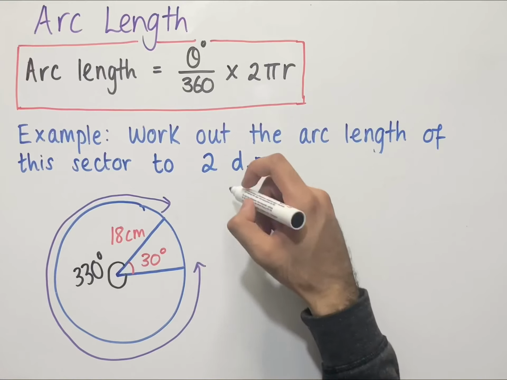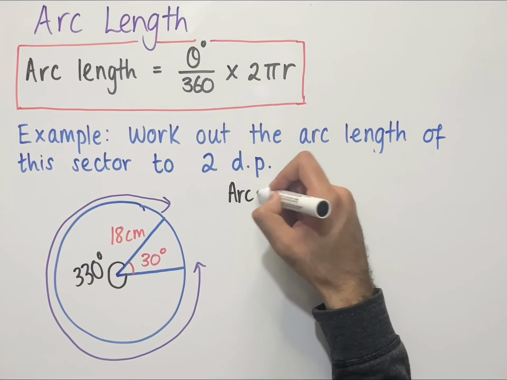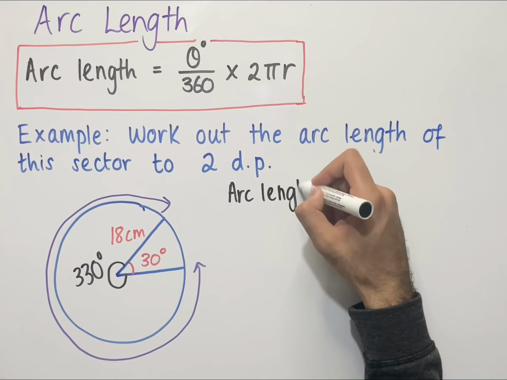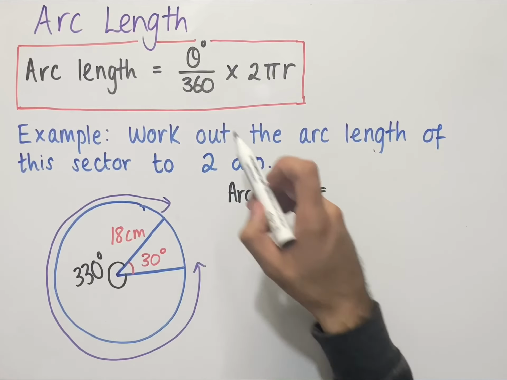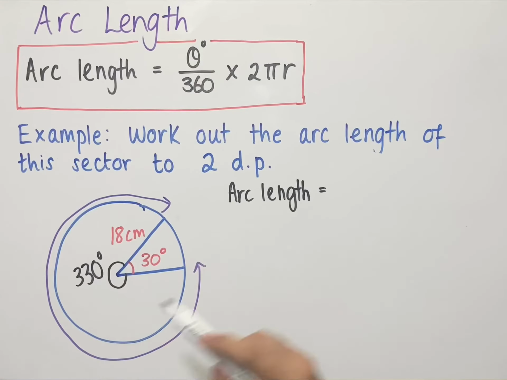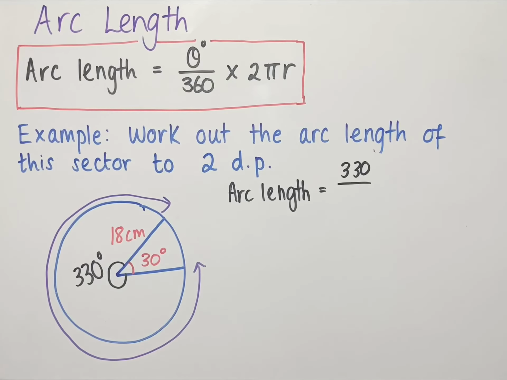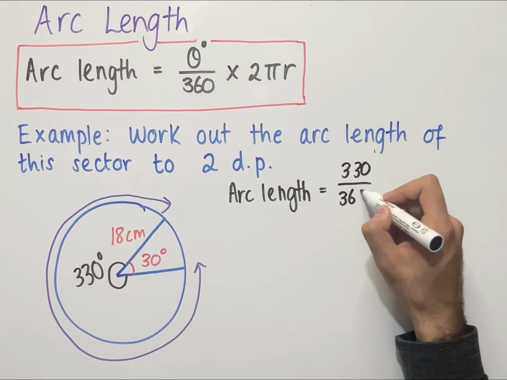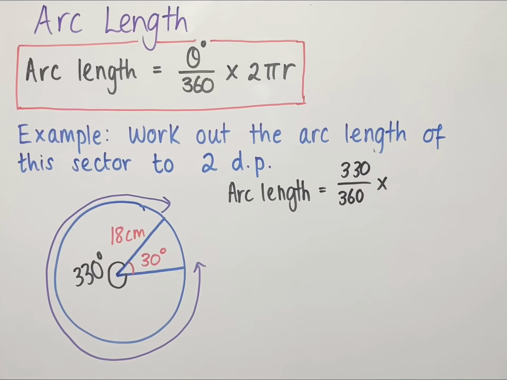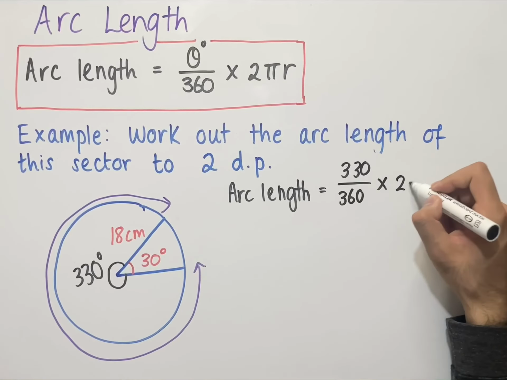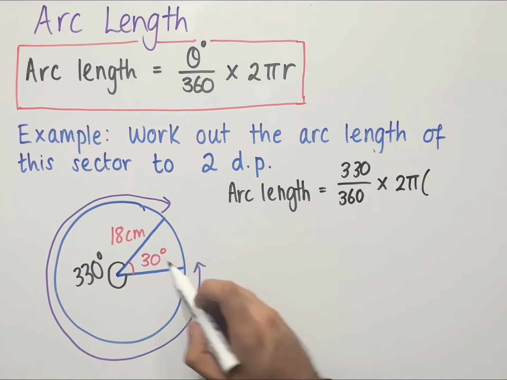So we know that the major arc is subtended by 330 degrees. Using our formula, arc length equals theta, in this case 330 degrees, all over 360, and then we're multiplying by 2 pi r. In this case we've got 2 pi and our radius is 18.